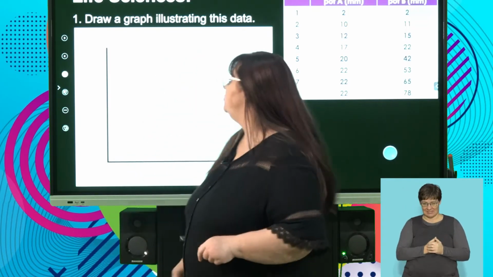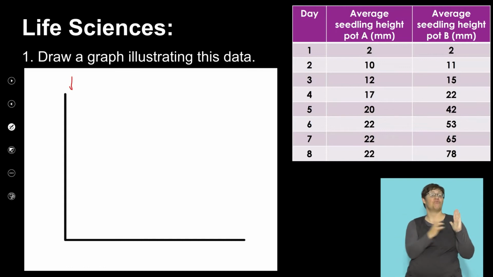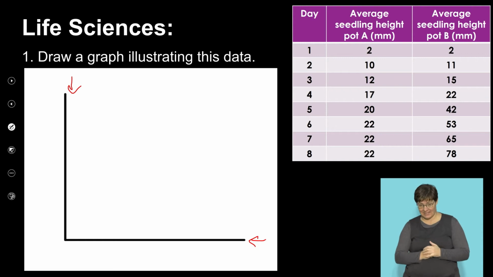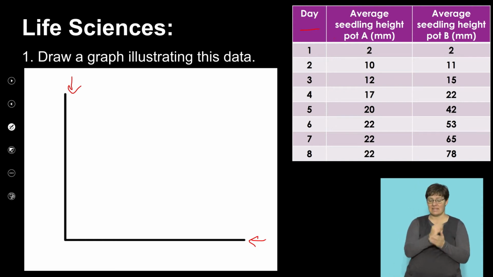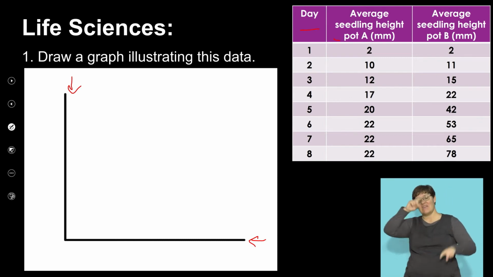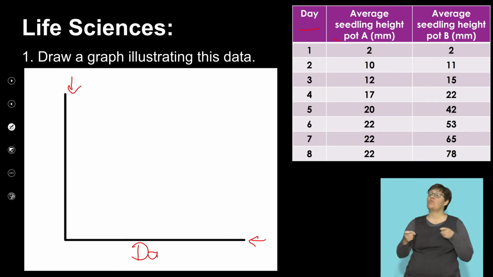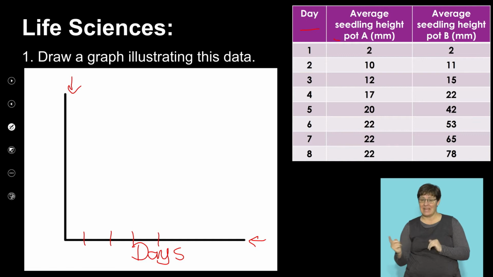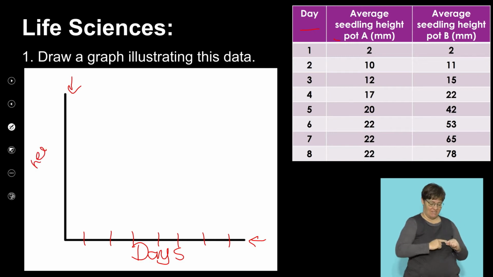So we start off drawing our graph with two axes, the y-axis and the x-axis. We're going to have to allocate our variables to the two axes. Remember that we are controlling time. So your days are going to be on the x-axis. The thing that we are measuring is the height of the seedlings.